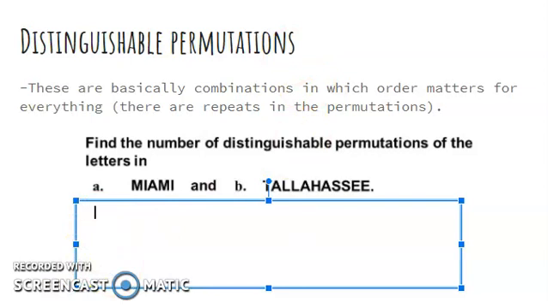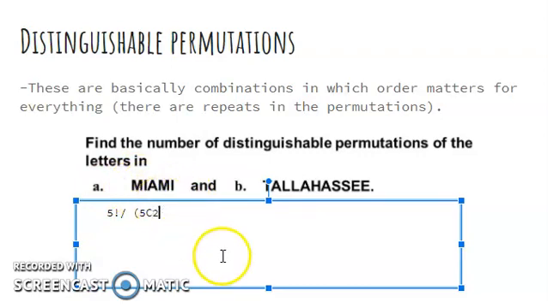So what we're going to do is pretend that this doesn't have any repeating letters, and we're going to take the total number of letters in Miami, 1, 2, 3, 4, 5 factorial, divided by the following. Now we're going to arrange the word letter by letter to find the total number of possible ways we can arrange this without repetition. First we start with M. Right now we have a total of 5 letters, so 5 choose 2, since we have 2 M's.